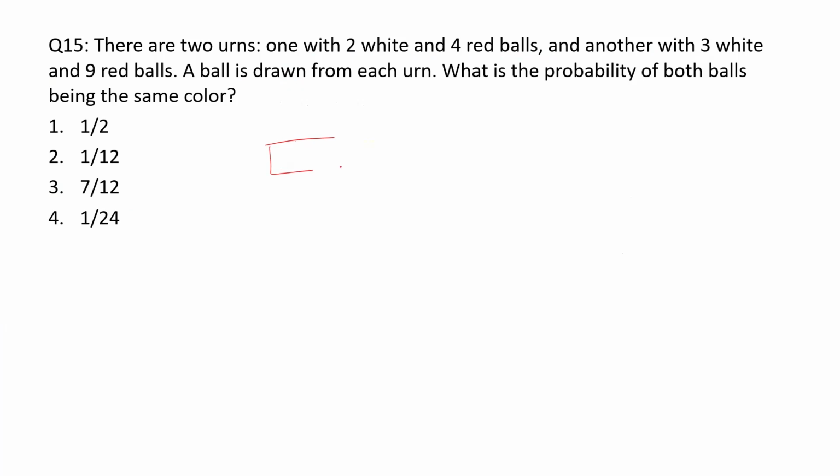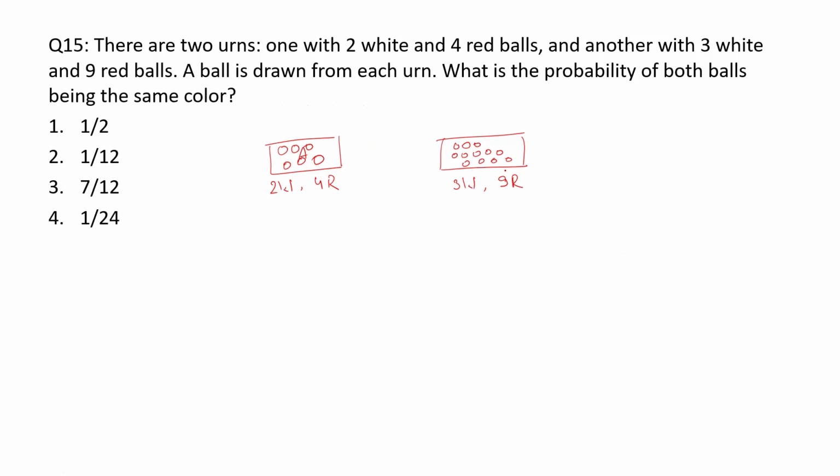So here let's say you have two boxes, box A and box B. This box has 2 white and 4 red balls. The second box has 3 white and 9 red balls. Is that okay? So this box has a total of 6 balls. Let me remove this B, we don't need it. And this one has a total of 3 white and 9 red, right?